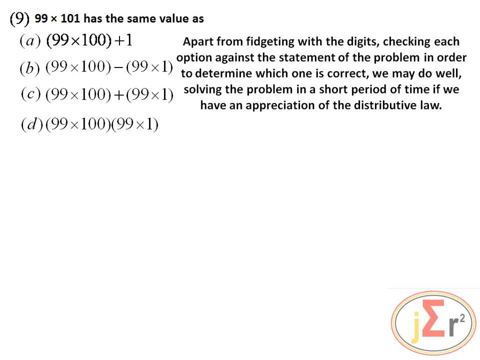So instead of fidgeting with the digits to see which one works out to give 99 multiplied by 101, instead of working this one out and seeing if we get this, and so on, we may make use of the distributive law. If we have an appreciation of the distributive law, then solving the problem may be done in a short period of time.